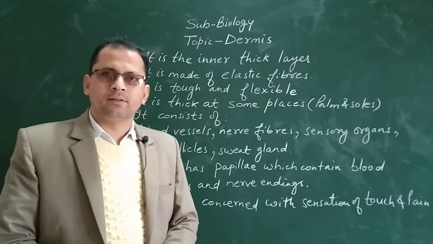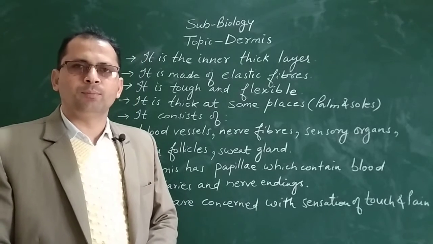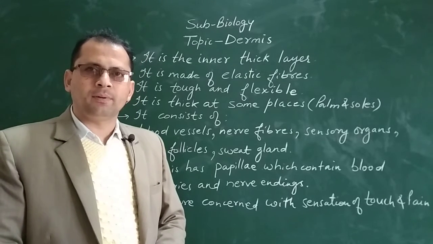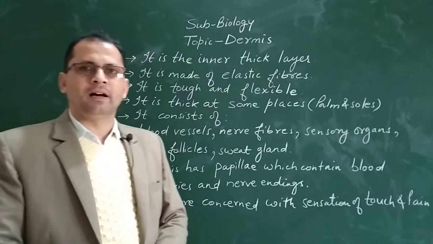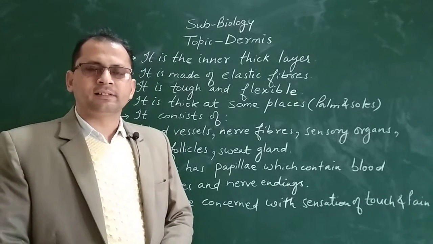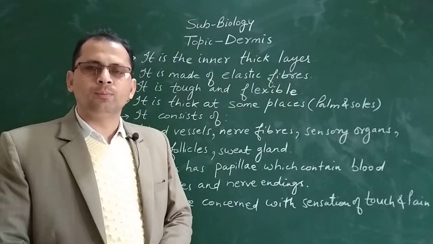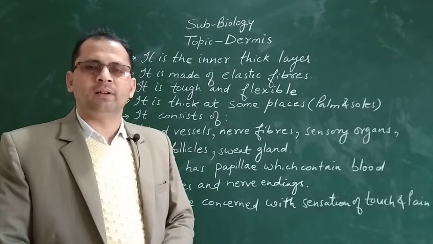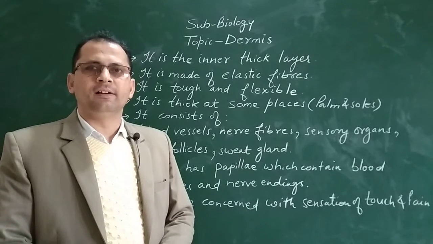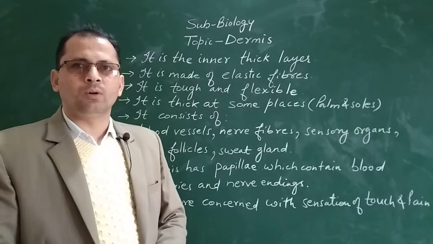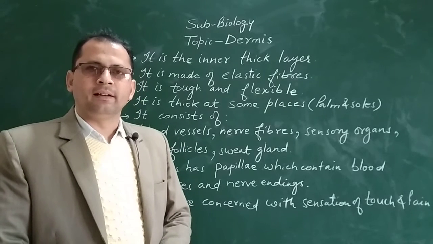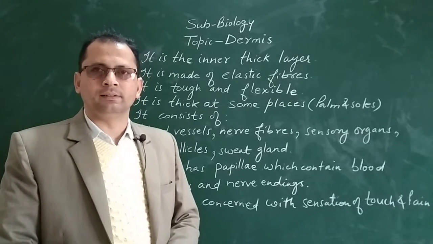In this class, we are going to discuss an important topic from the chapter skin. In the previous class, I told you that the skin contains two important parts: one is the epidermis and the second is the dermis. We have already discussed the epidermis and its three sub layers.